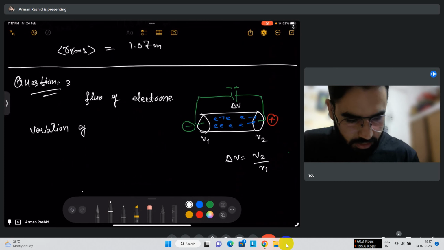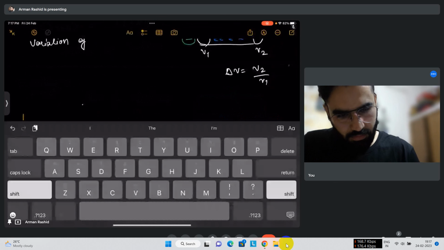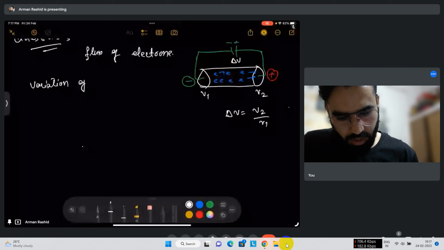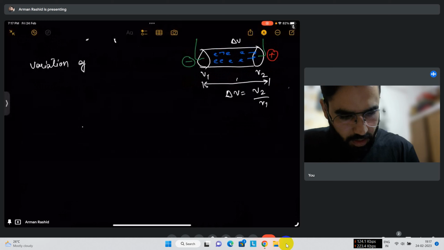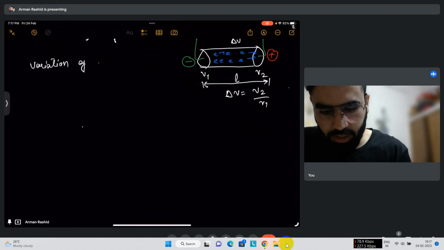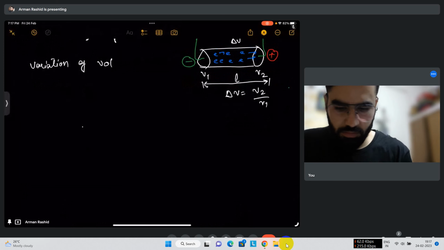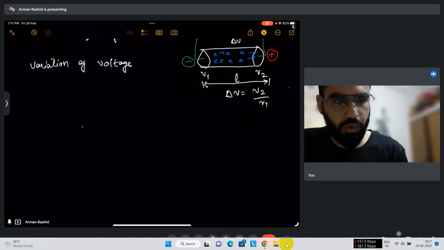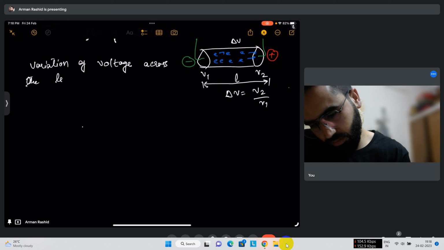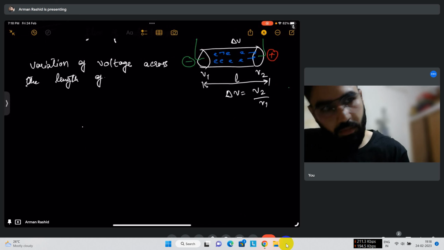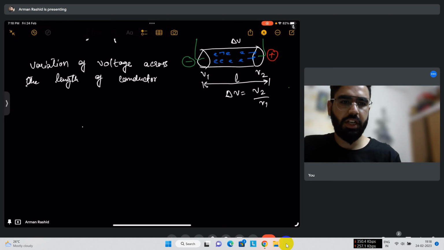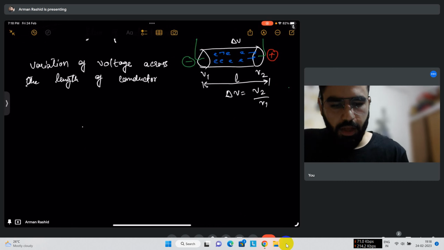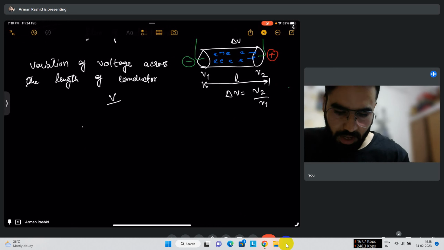And if the size of the conductor from here to here is L, then we can determine the variation of voltage across the length of the conductor. It will be V by L.